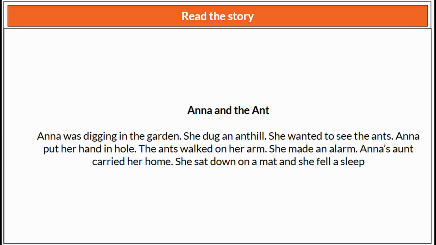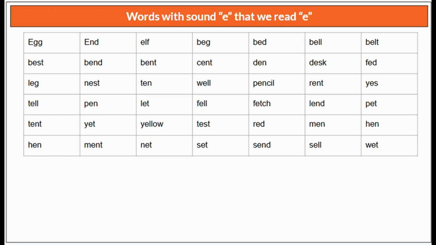Well, so words with E that we read as A. For example, egg, and you remember the formula that I gave you when we talked about the vowel A. So egg and elf.